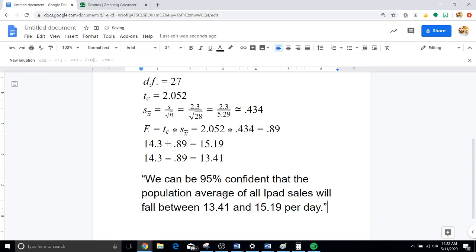And again, remember your confidence, or C, goes right here. Your subject matter goes right around here. And I could have also said per day before here. And of course, your low value first, your high value second, and you're done.